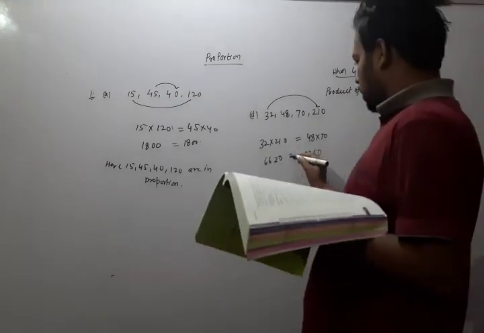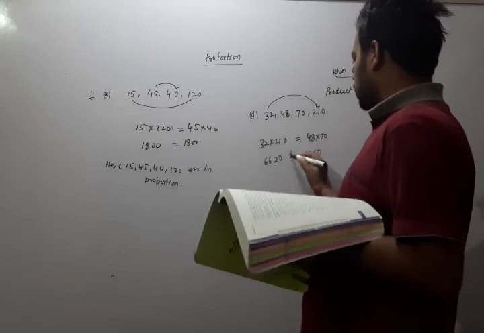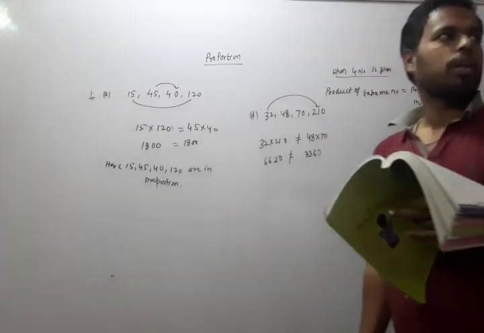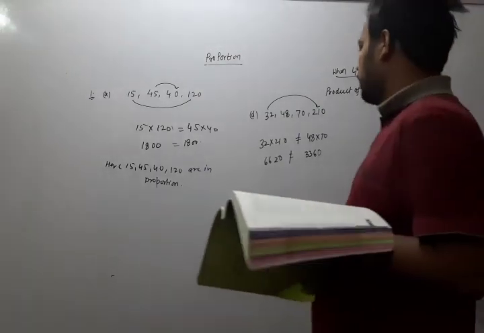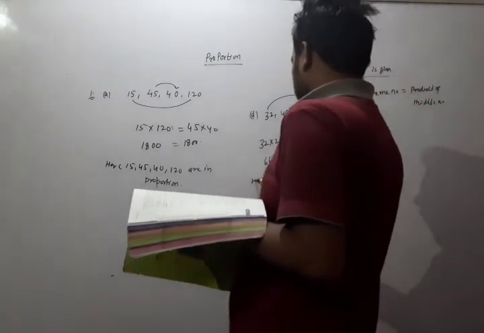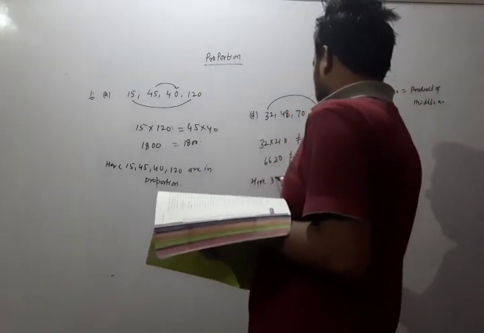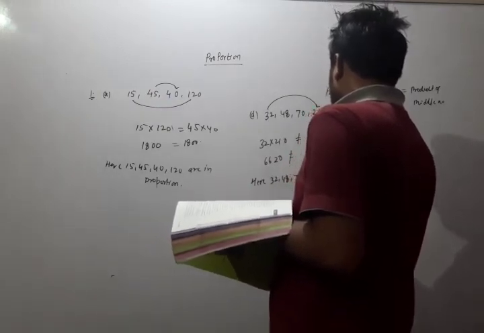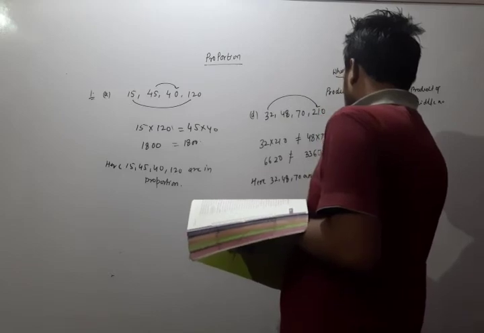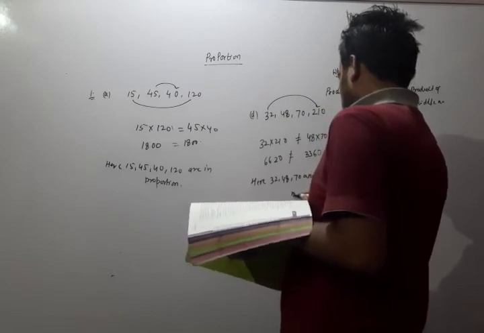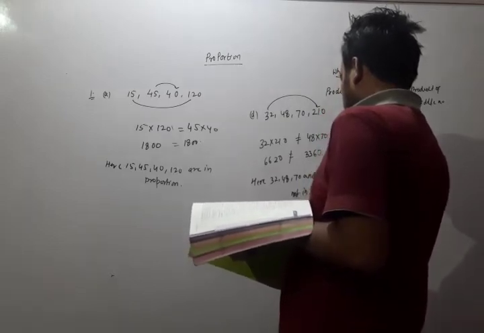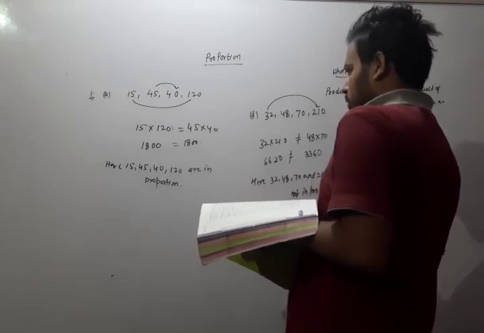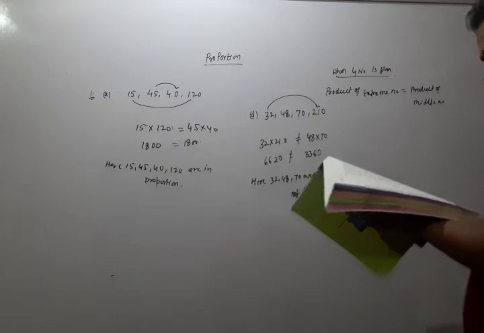No. Here 6720 is not equal to 3360. So 32, 48, 70 and 210 are not in proportion. किसमें नहीं है? Proportion में नहीं है.